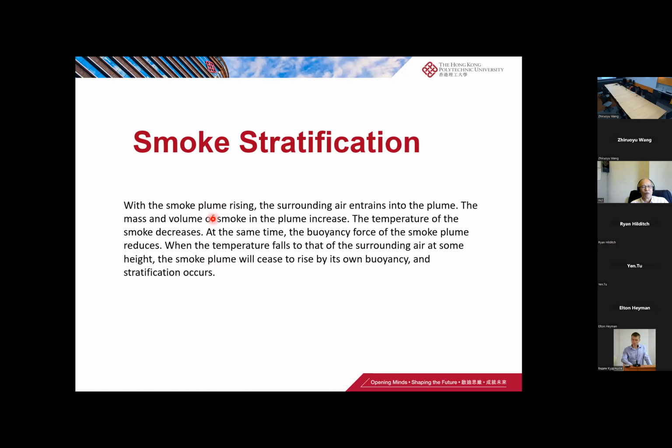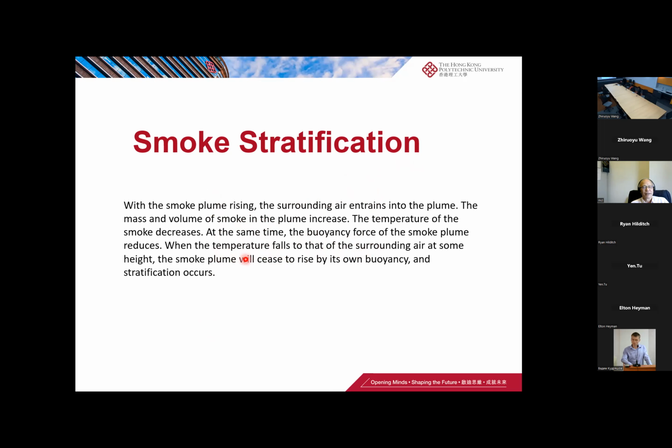With the smoke plume rising, the surrounding fresh air will enter into the plume. As the plume rises, the mass and volume of smoke will increase, and the temperature will go down.